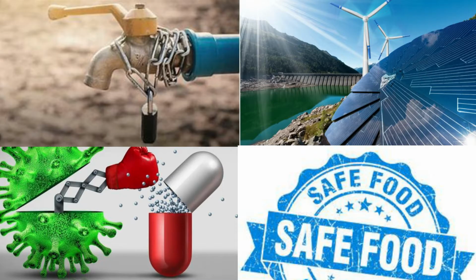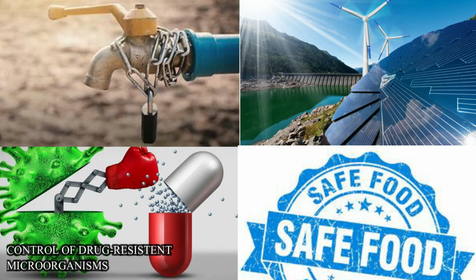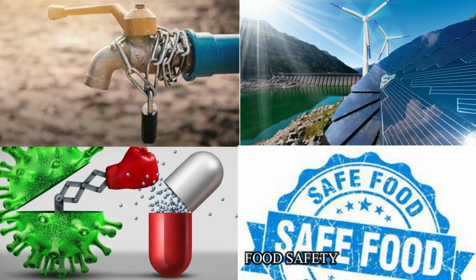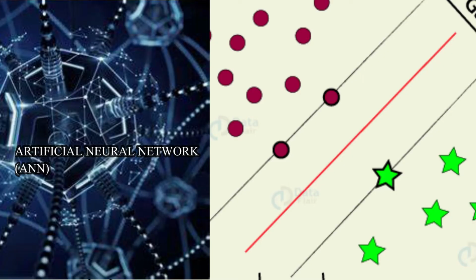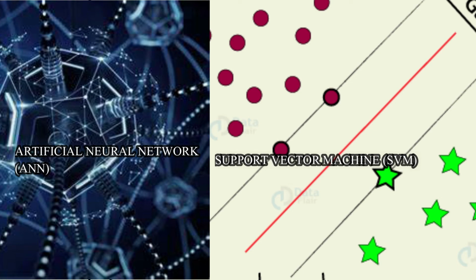The application solves issues such as water availability, clean energy generation, control of drug-resistant microorganisms, and food safety. The AI techniques used in the application are artificial neural networks and support vector machines.